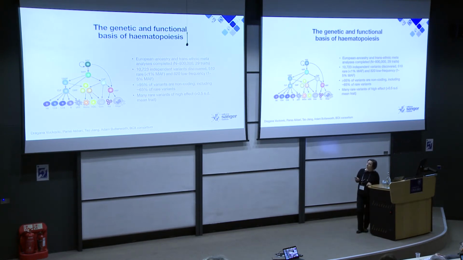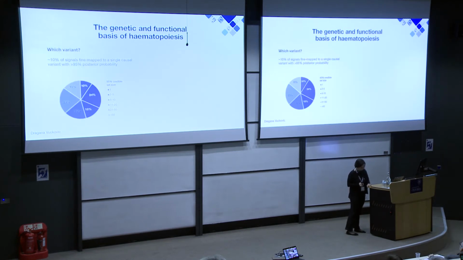First of all, 95% of variants overall are non-coding, but remarkably, also 65% or so of the variants that are rare map to non-coding elements. And many of these variants have huge effects on phenotype, greater than 0.5 standard deviation, and there are non-coding variants with effect sizes of over 1 standard deviation on the population mean of the trait.